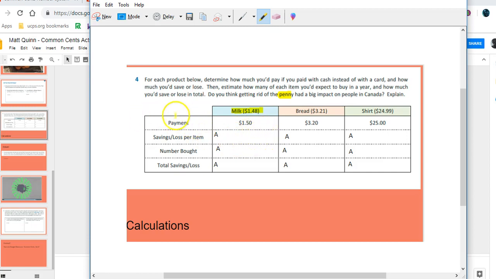Now they're going to round that price up to $1.50, and we determined inside of that classroom that we, the consumer, were going to be losing 2 cents. So every time we bought a gallon of milk with cash, the store was going to round that number up, and we were going to lose 2 cents.